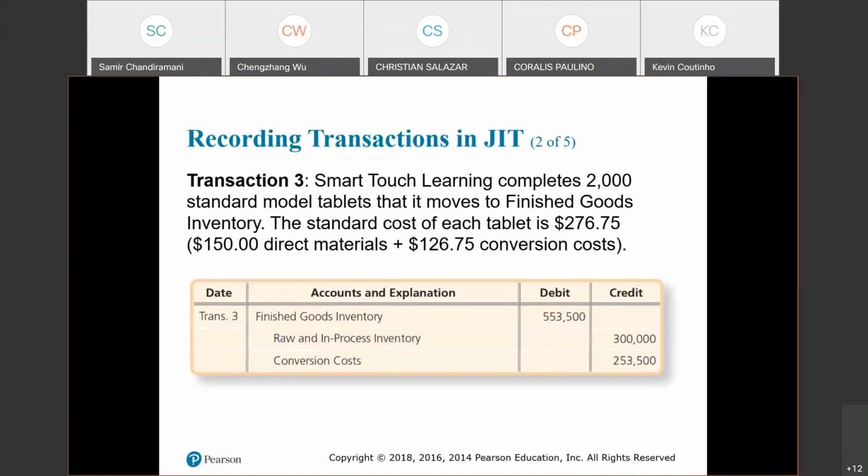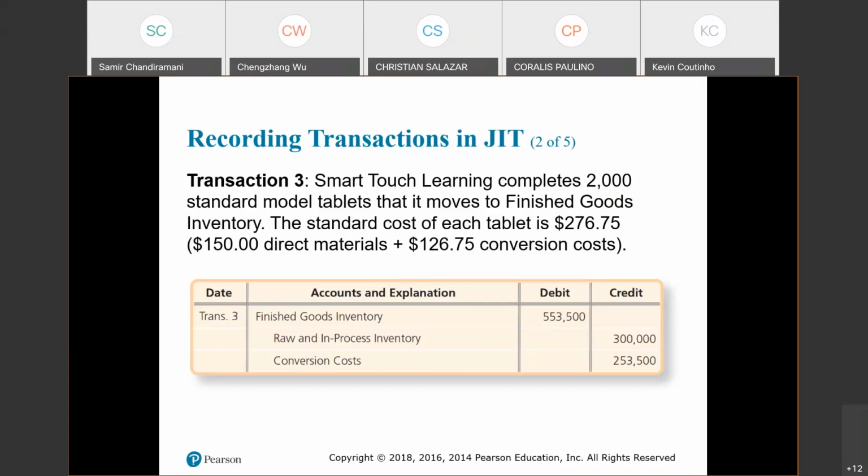Recall that the standard cost of each standard model tablet is $276.75, as calculated using activity-based costing. The debit to finished goods is at the standard cost of $553,500.